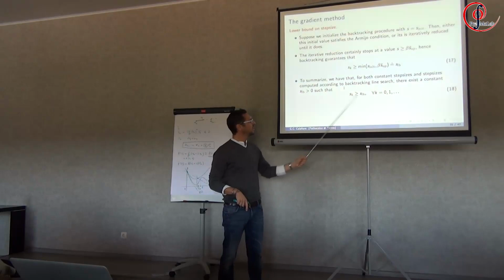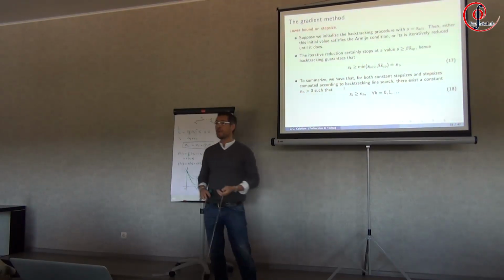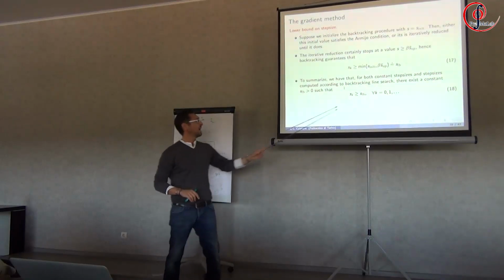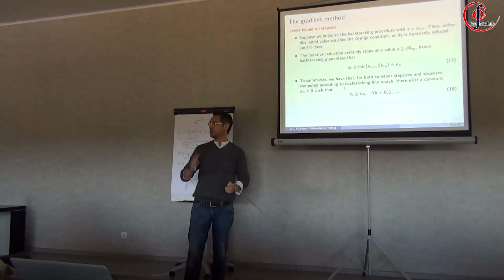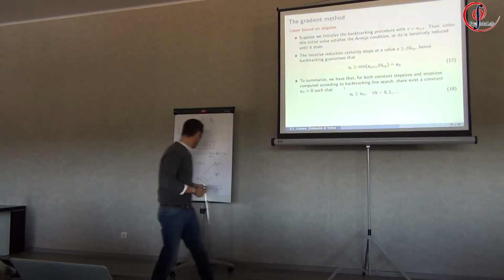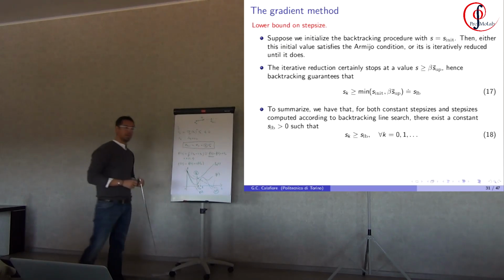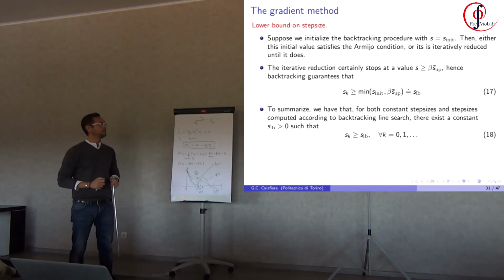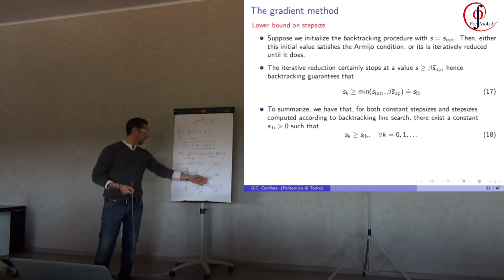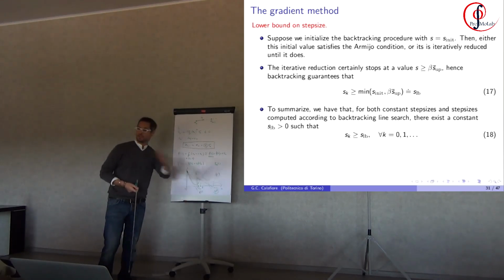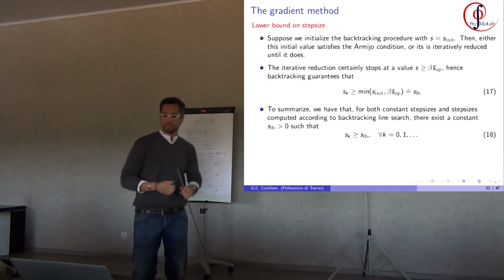But what we know is that the step sizes will always be no smaller than S lower bound. Okay? So there is a value here, S lower bound. And all step sizes that we obtain with our iterative backtracking technique will always be larger than this quantity, always.